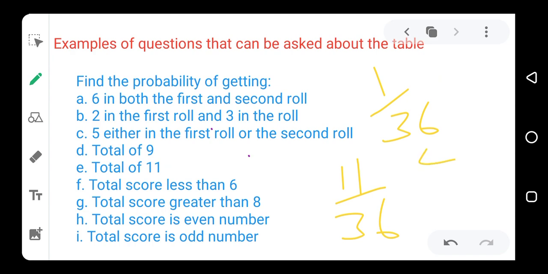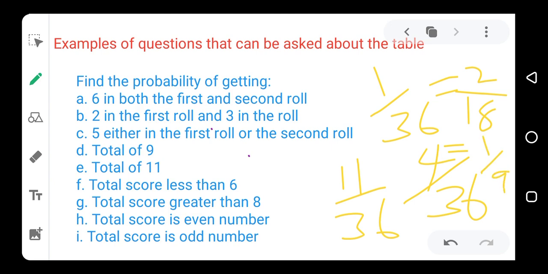So we have 4 over 36. 36 divided by 2, we are going to get 18. So 18 over 2, which will give us 1 over 9. So if we simplify everything, we get 1 over 9. So that is a total of 9.